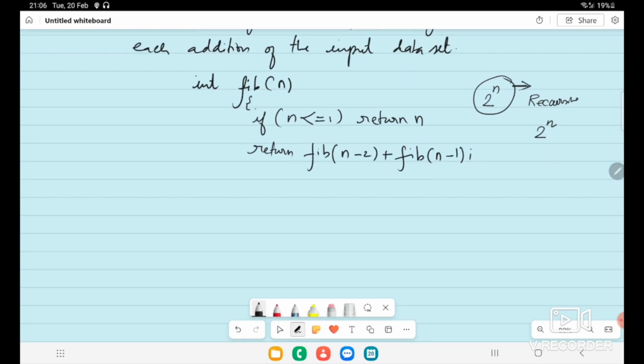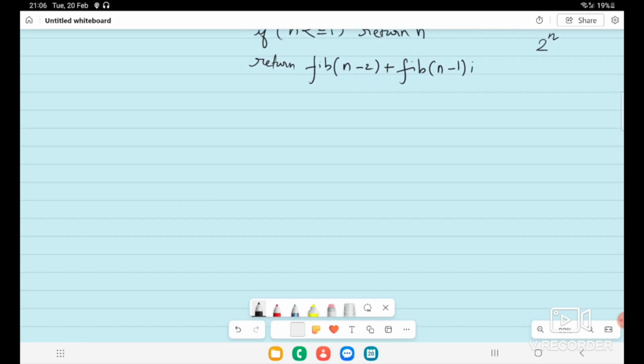And finally the last type, the fifth type, is order of log n.